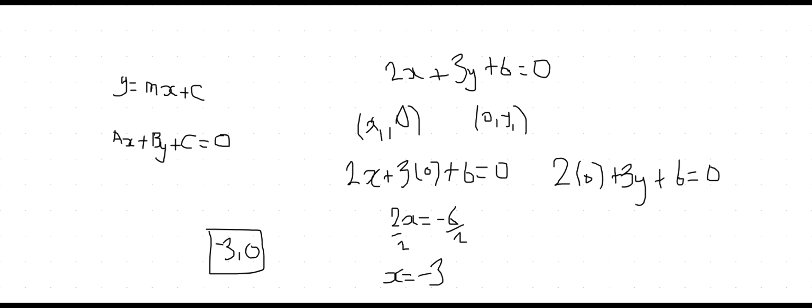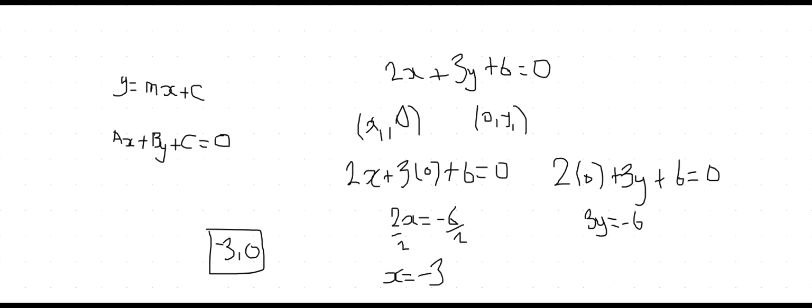We move the 6 to the right-hand side of the equal sign, and we have 3y is equal to -6. And then we do the same, we divide by 3 both sides.